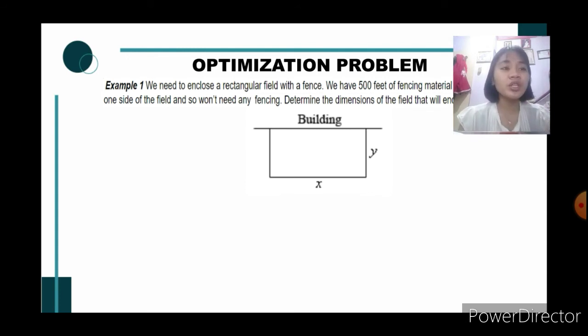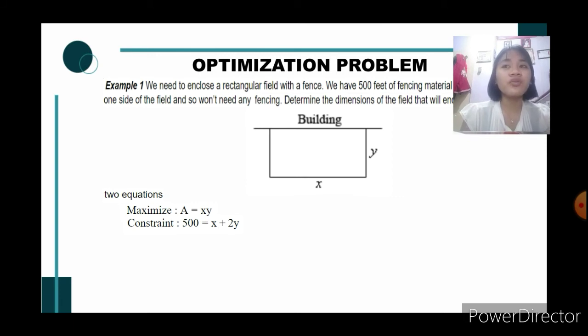The two equations that we're going to use for this are: maximize A equal to xy, and the constraint will be 500 equal to x plus 2y. And now, we know how to find the largest or the smallest value of a function provided it's only got a single variable. So, the area function as well as the constraint has two variables in it. And so, what we know about finding absolute extrema won't work.